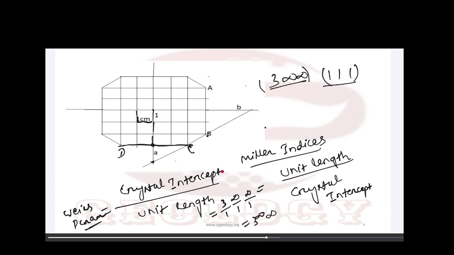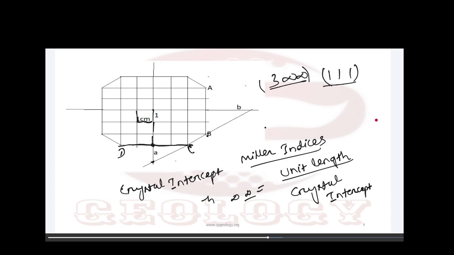But if you consider Miller indices, it will be unit length by intercept. So it will be 1 by 3, 1 by infinite, 1 by infinite.